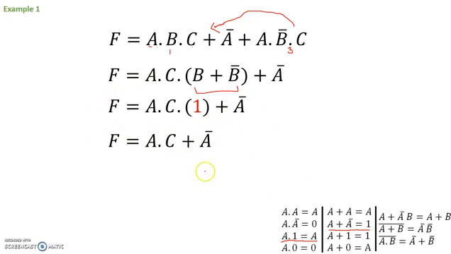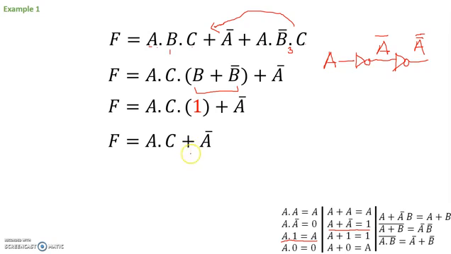Now, this is where it requires a little more practice to see this, but this is basically this absorption rule. Take a look at this. F equals not A or AC. Now, if I have A and I send it through a NOT gate, I get not A. If I take a not A and I send that through another NOT gate, I get A back, but I actually get not of not A. So A is the same as A with a double bar over it.